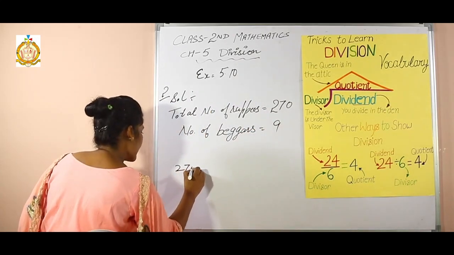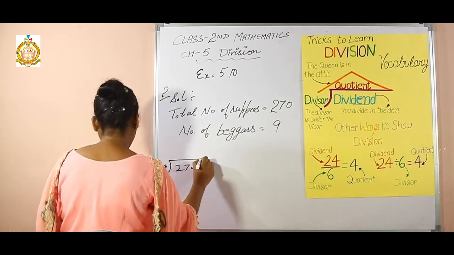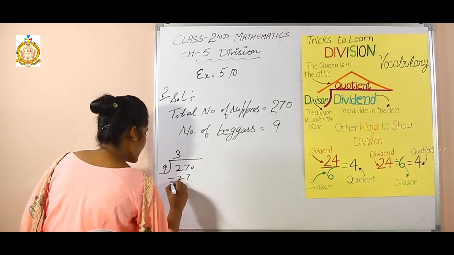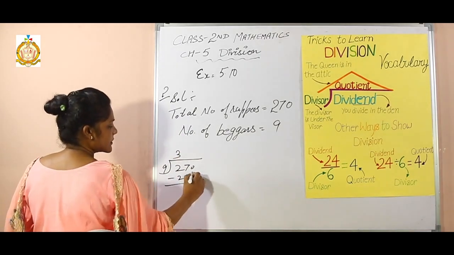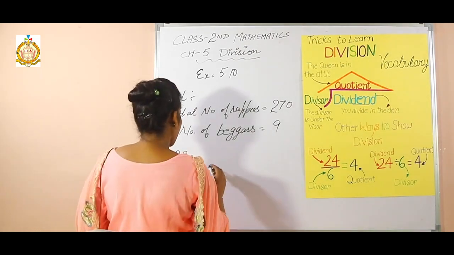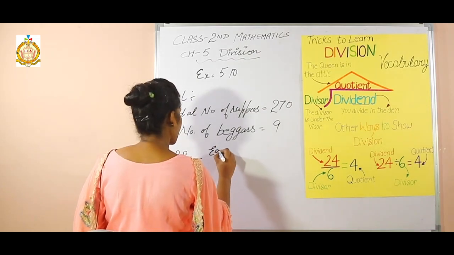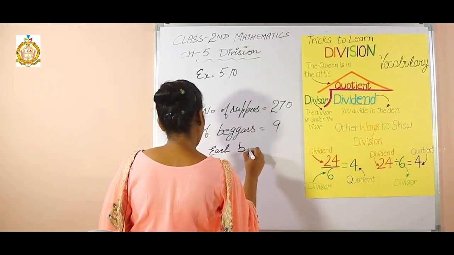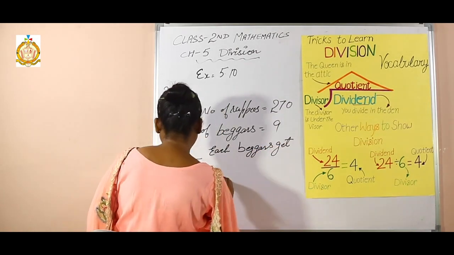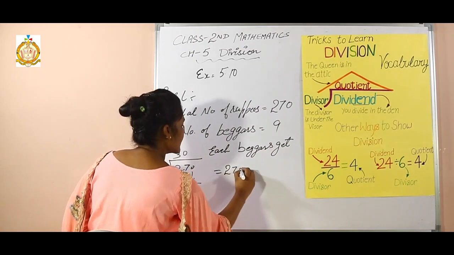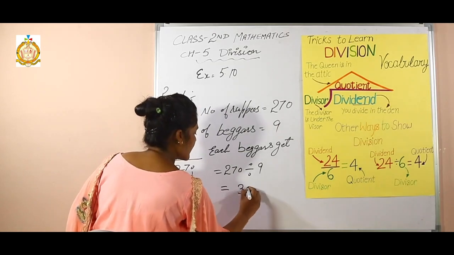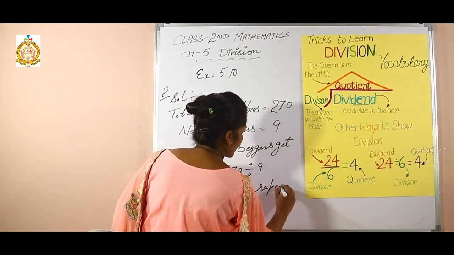So 270 divided by 9, 9 3s are 27. After that there is nothing, so you put 0 here, again here also 0. So the last thing is each beggar gets 270 divided by 9, equal to 30 rupees.